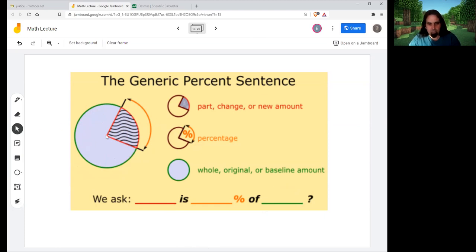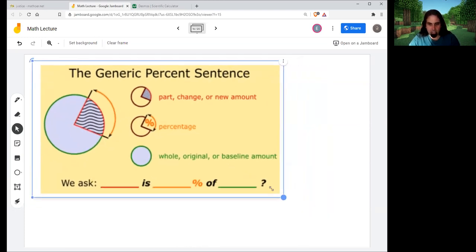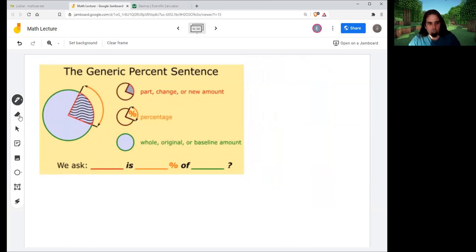That does mean that if I'm looking at the proportion method, it's always going to be my percent over 100. And the thing that comes after "of," that's my whole, original, or baseline amount.